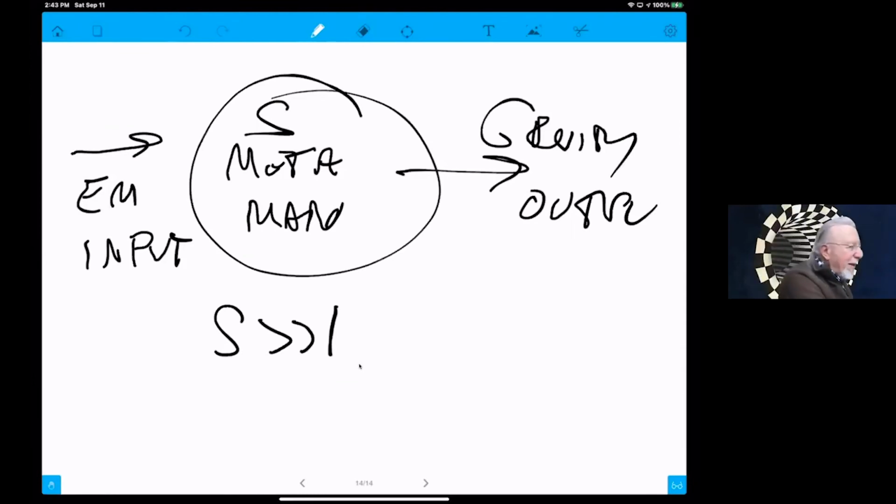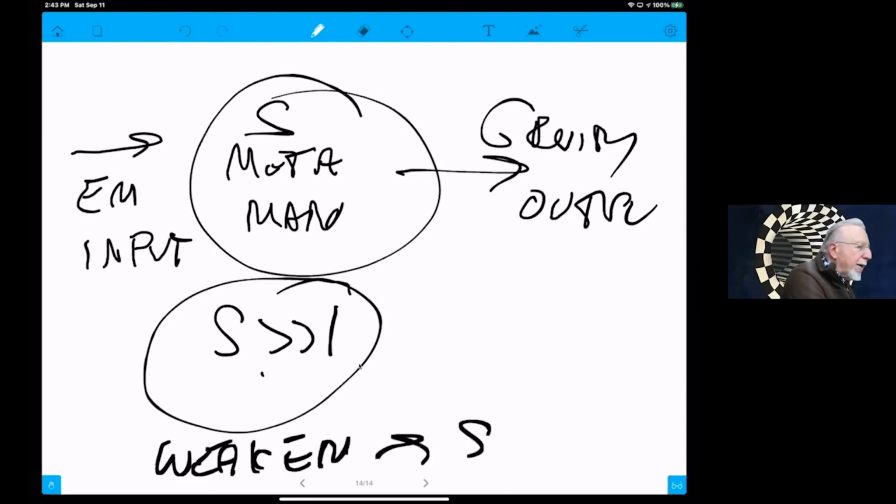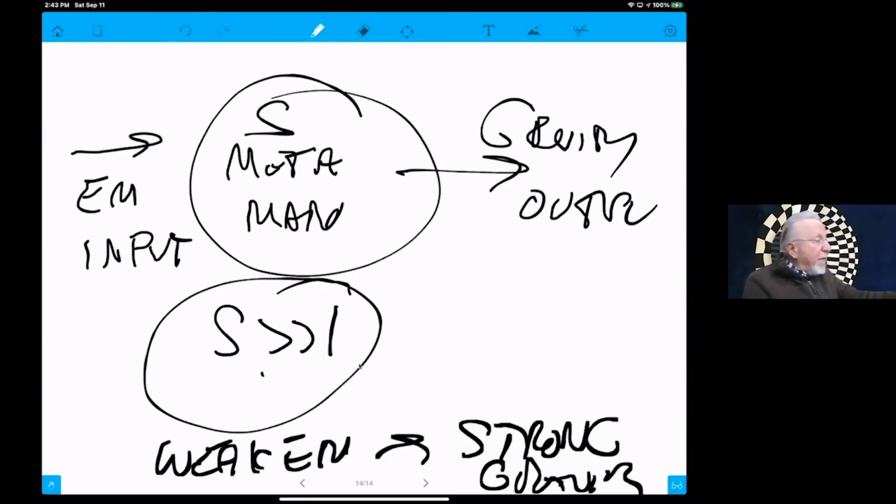Just roughly, we want this when S is greater than 1: weak EM creates strong gravity. And if this is a beam, in the far field, this could be a weapon. A directed energy weapon.